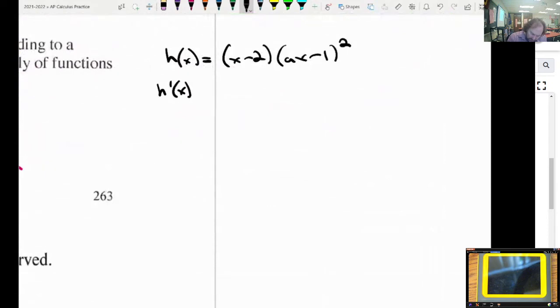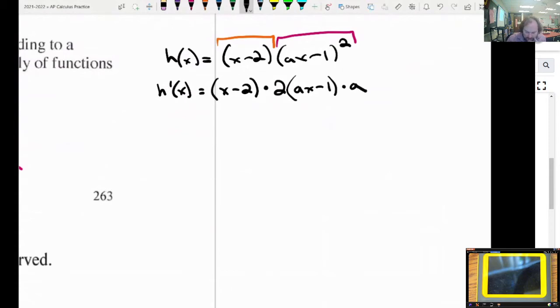H prime of x here, well, let's see. It would be the original first thing, x minus 2, times the derivative of the second thing. And that would be tougher to get, because that's going to require the chain rule, but still not too terrible. Times, it would be 2 times ax minus 1 times the derivative of the inside part, which would just be a.